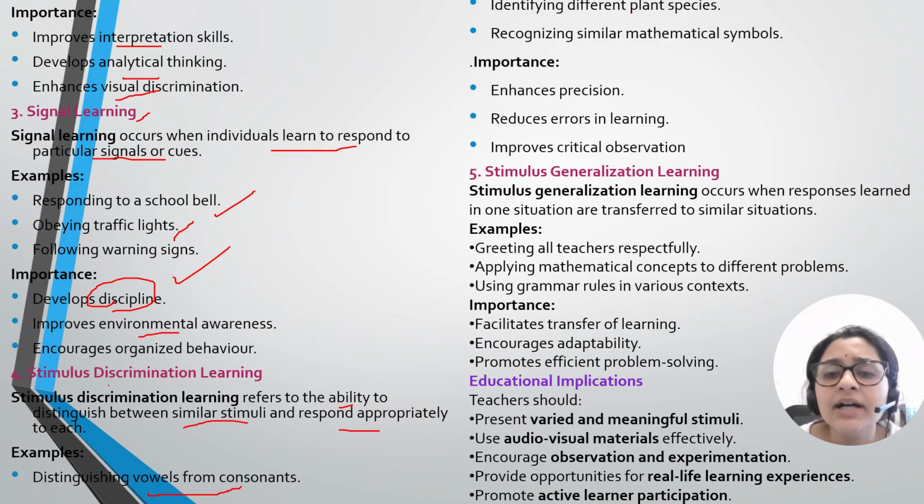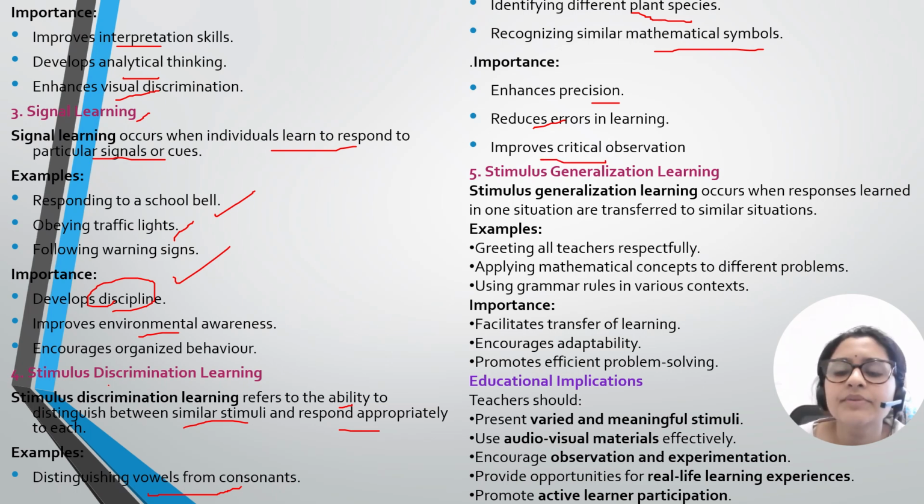Identifying different plant species. All plants are green in color only. So this learning will help in differentiating all those plants. Recognizing similar mathematical symbols. So it will enhance precision. It will reduce errors while learning and it will improve critical observation.